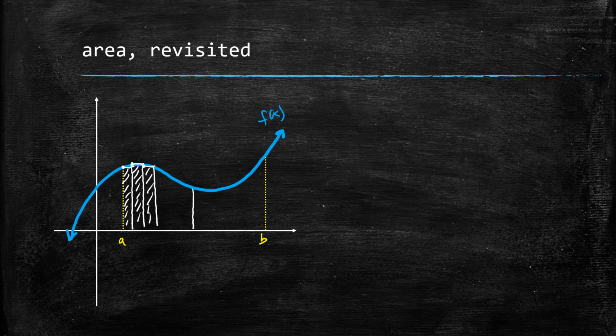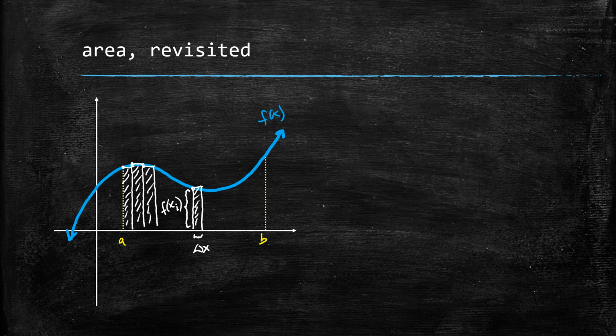Let's have a look at a typical one. The width of the rectangle we could calculate as, and we called it delta x, that would just be given by the difference b minus a divided by the number of rectangles we want. And then the height would just be f of whatever particular value we were using.